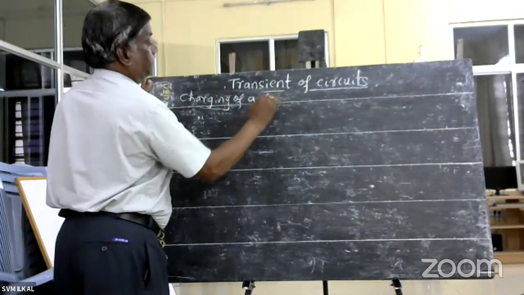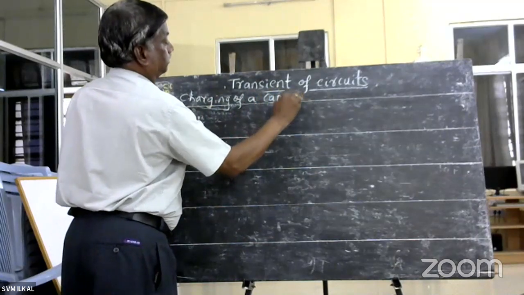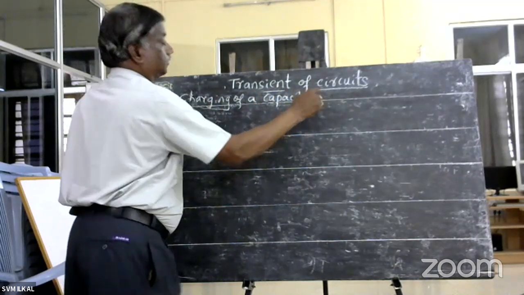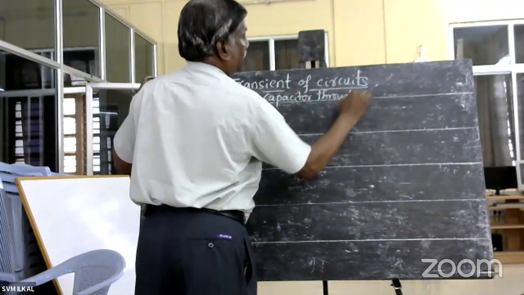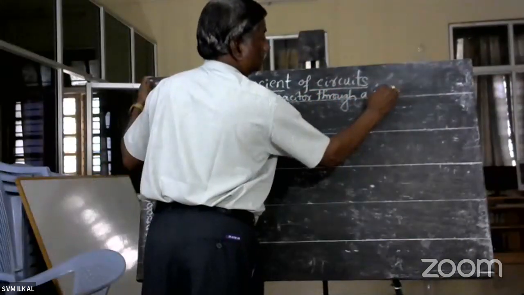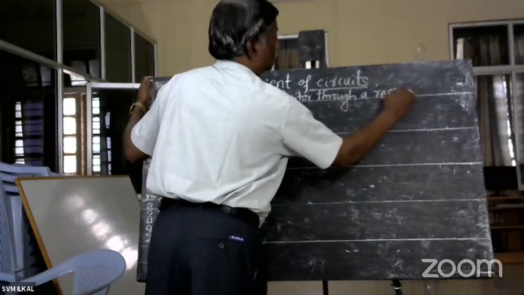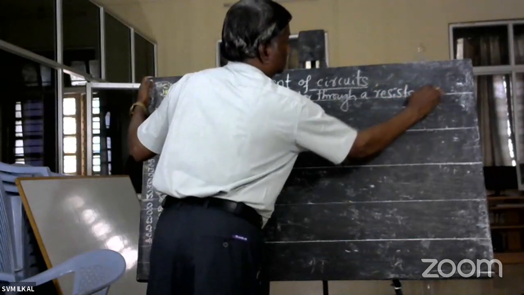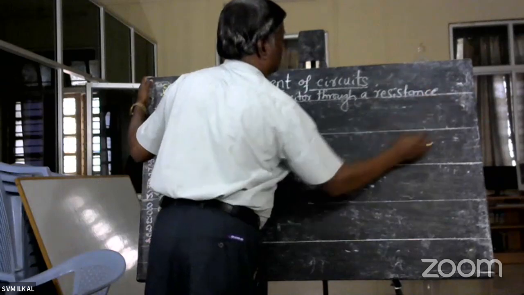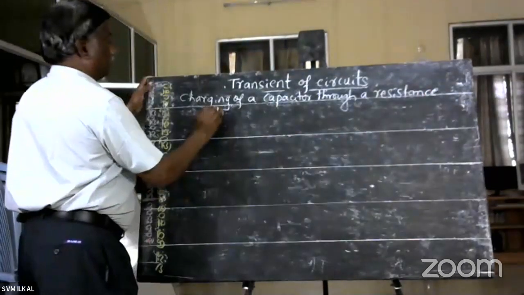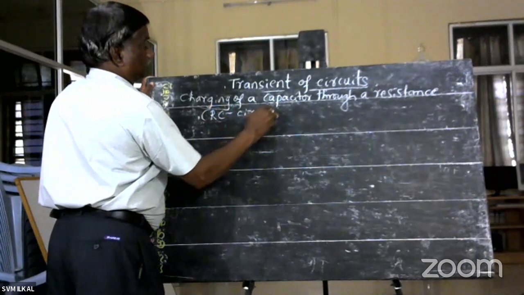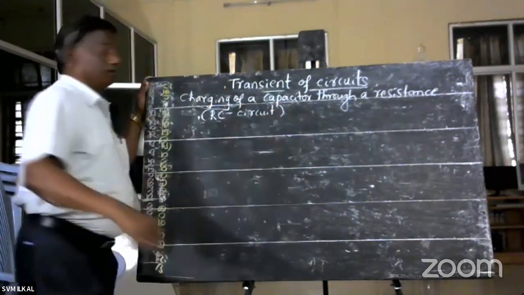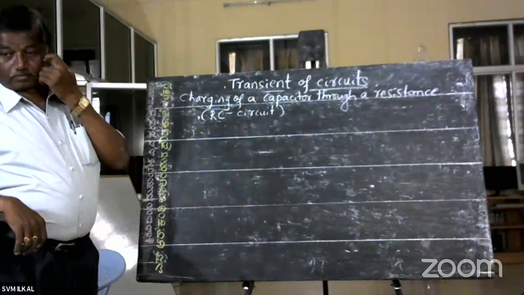Charging of a capacitor through a resistance. That's why it is called charging of RC circuits, meaning the circuit containing resistance and capacitor.